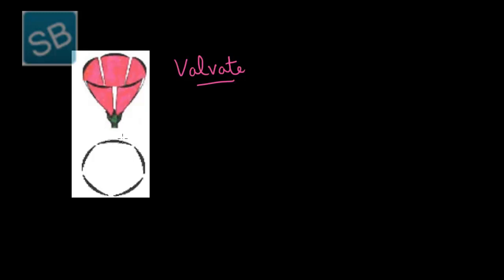This figure depicts the valvate type of aestivation in a flower. As it can be seen from the figure, if the sepals and petals touch one another along the margins, such a type of aestivation is known as valvate.